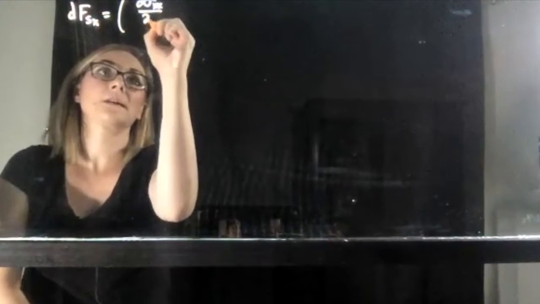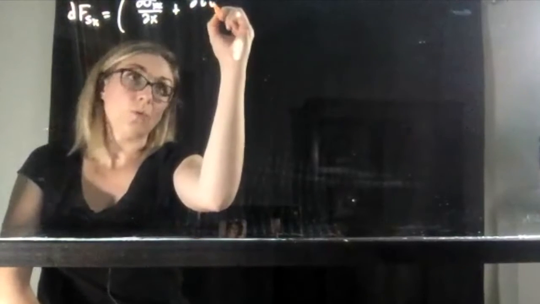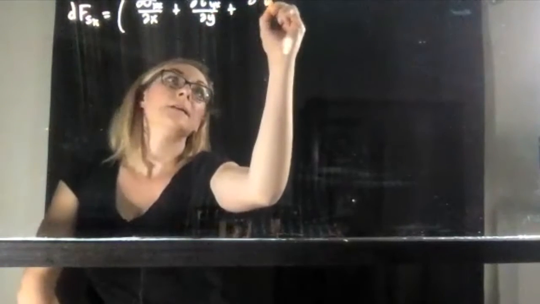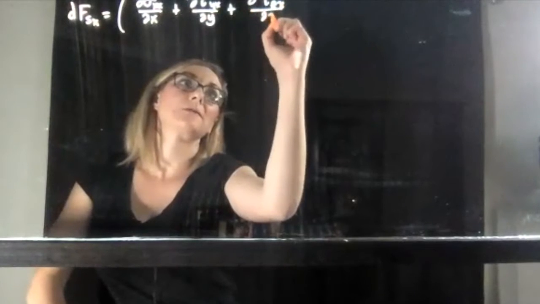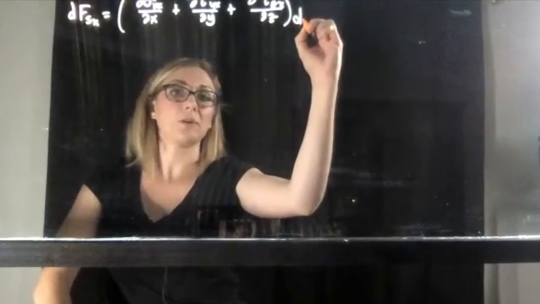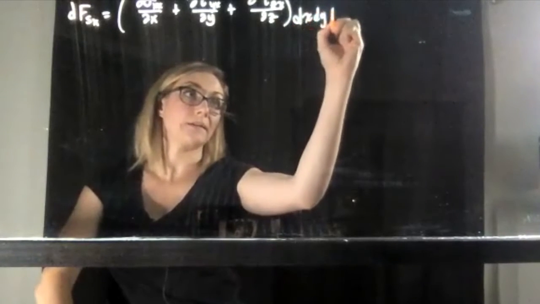Noting that many of those terms cancel out, we can write that dfs in the x direction is given as partial of sigma xx with respect to x plus partial of tau yx partial y plus partial tau zx with respect to z. And then our volume is, of course, dx, dy, dz.